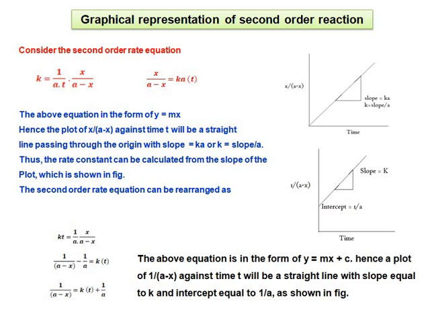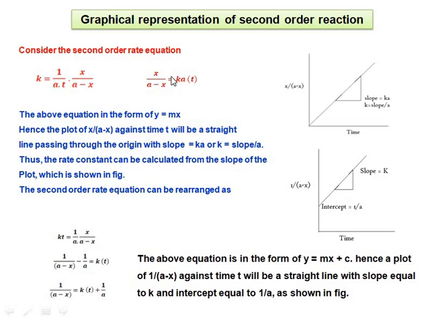This can be written in the form y equals mx, and hence the plot of x upon a minus x against t has slope ka.